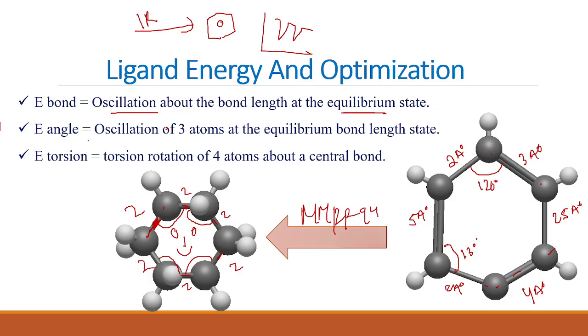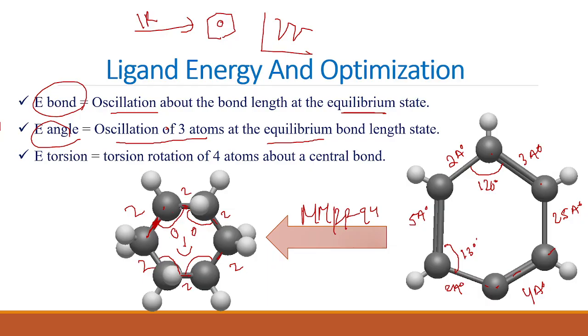When the compound is in the equilibrium state and we apply some sort of energy like NMR radiation or IR radiation, at that time, what is the bond length? That will be called the E bond length.